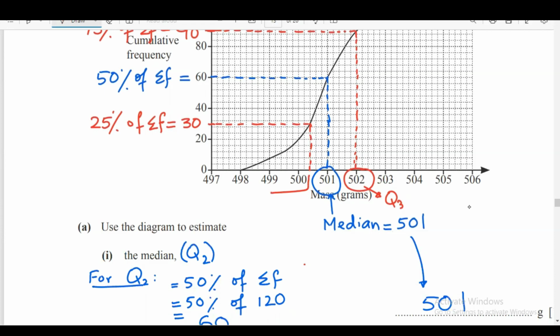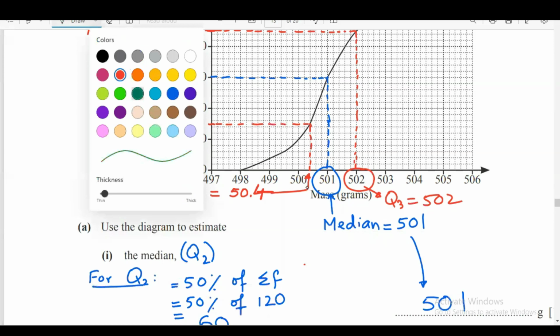This is 500, 500.2 and 500.4. So the value is 500.4 for Q1 here. The value of Q3 was 502.